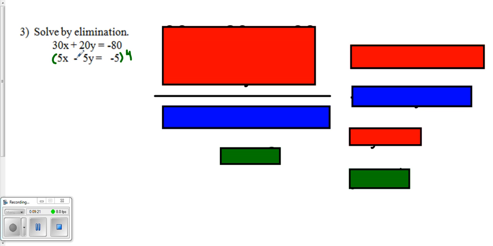Now, if these were both positive numbers, we could simply multiply everything by a negative 4, and that would change every single sign. That way these two would cancel out. But when one is already negative and one is positive, go ahead and just use those and cancel those out. So like I said, we're going to multiply the entire bottom equation by 4.